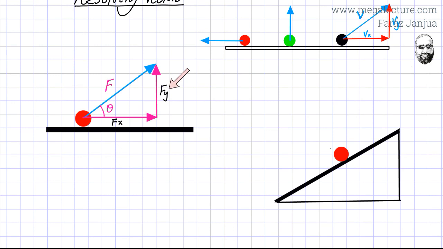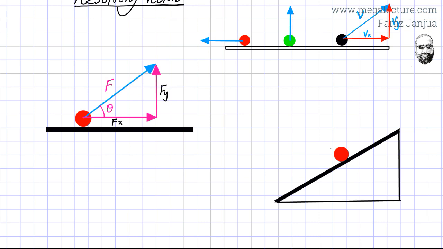This is Fy, this is the vertical component, this is F, and according to trigonometry, this is opposite to the angle, so it is Fy or perpendicular. This is opposite to the 90-degree angle, so it is the hypotenuse. And the relationship between perpendicular and hypotenuse is sine.